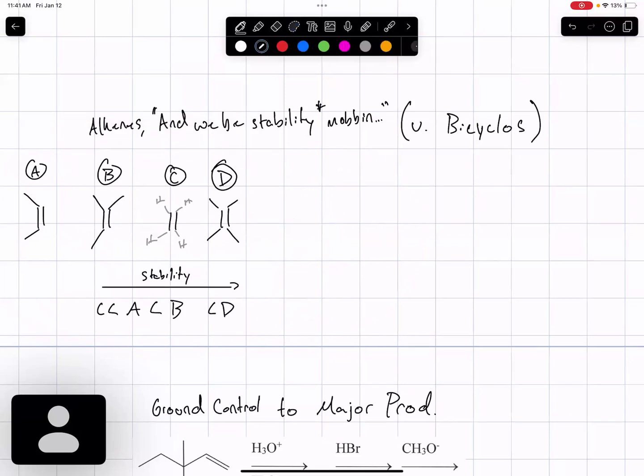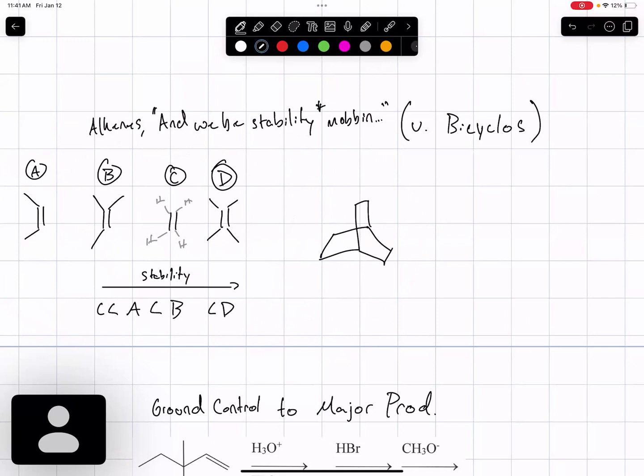So let me draw. This may not come up on your exam, but I think it's valuable. It should be mentioned. So let's draw a couple. If I did this bicyclo, let's do 2 carbons.